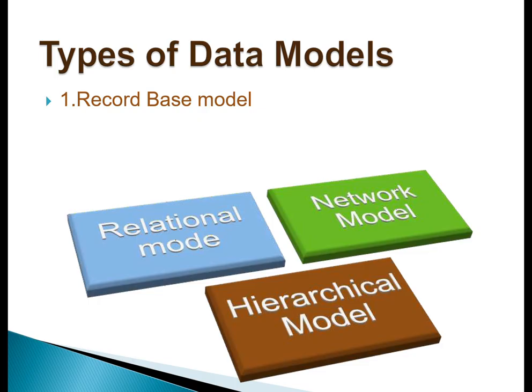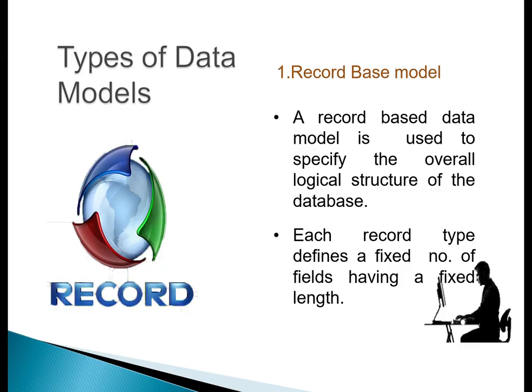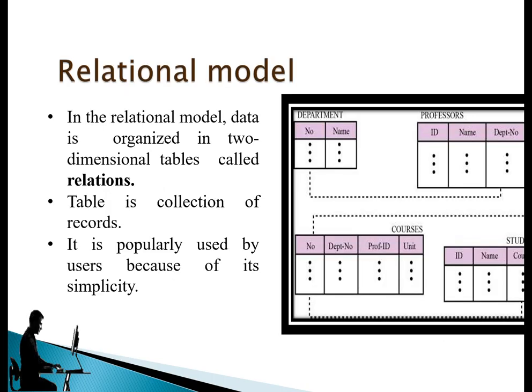The first category is record-based model. It includes relational model, network model, and hierarchical model. Record-based model is used to specify the overall logical structure of the database, and each record type defines a fixed number of fields having a fixed length.